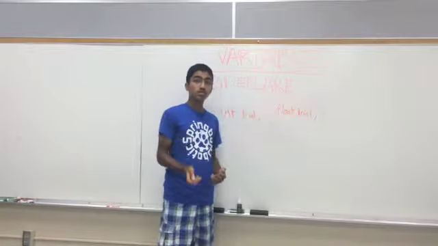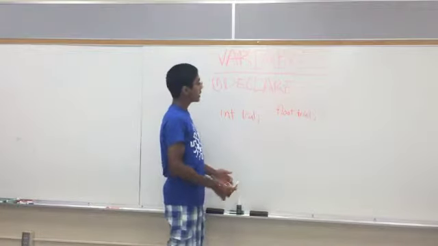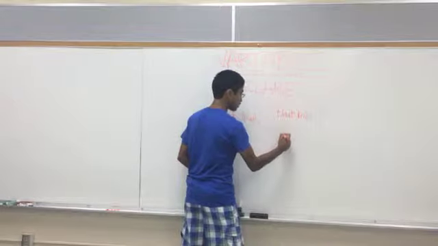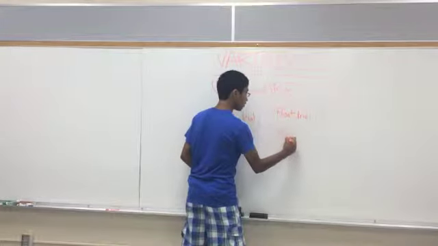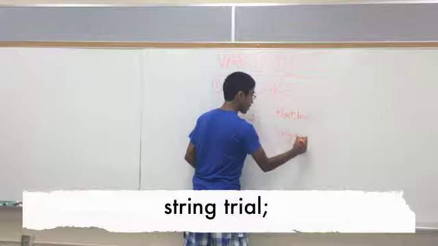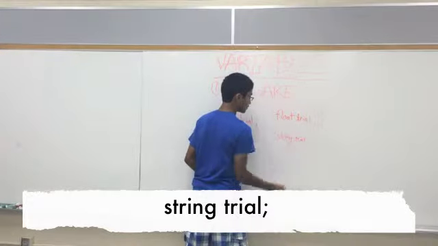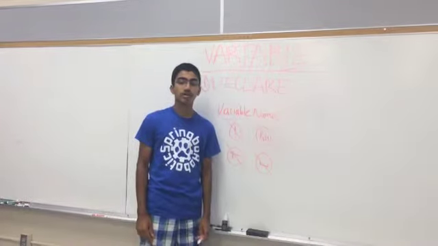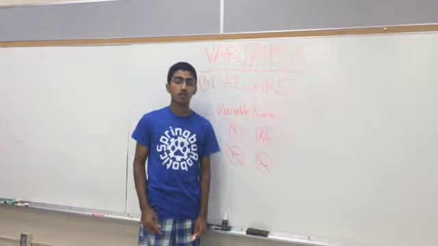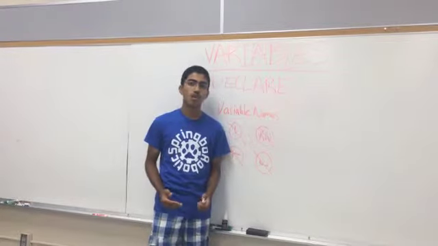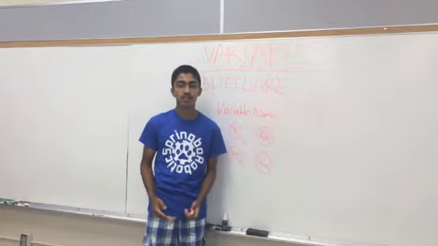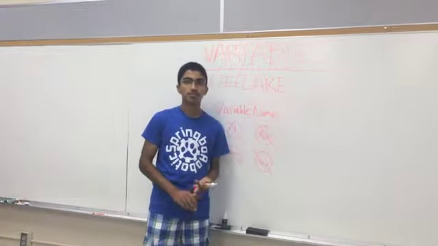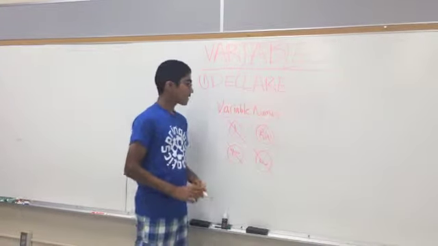If you wanted to store words or phrases, that's where string comes in. You would write string trial, and then just like that. The last very well-known variable type is bool, which is used if you want your variable to store a true or false statement. But we'll talk about that later along with Boolean algebra and stuff like that.